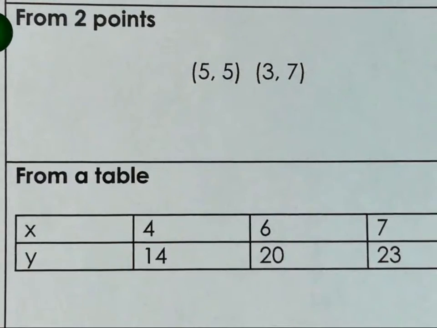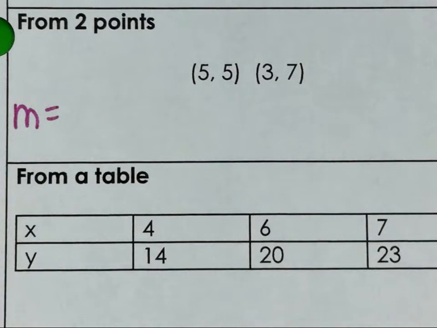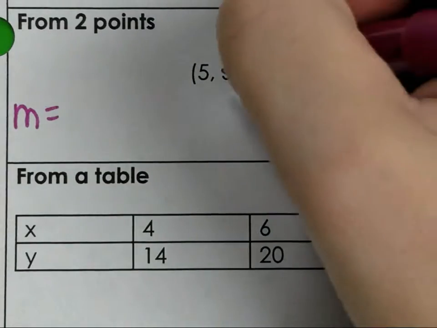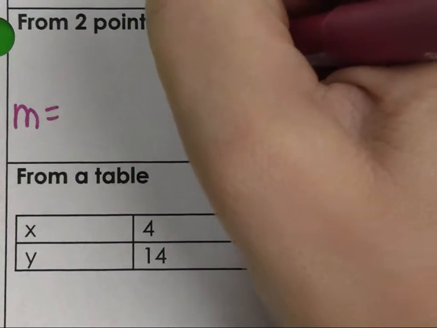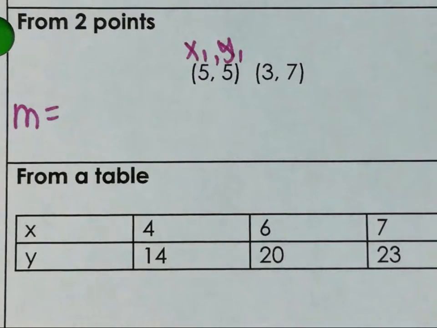Change in y, so delta y, over change in x. Remember, we did that by having x1, y1, x2, y2. So this first point, I'm just going to say this is x1 and this is y1.